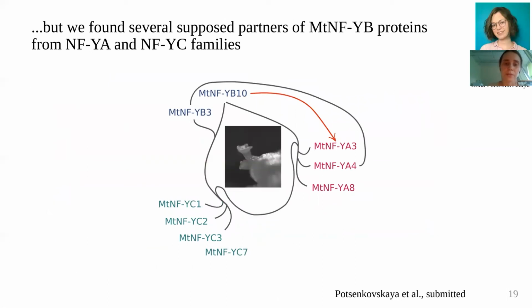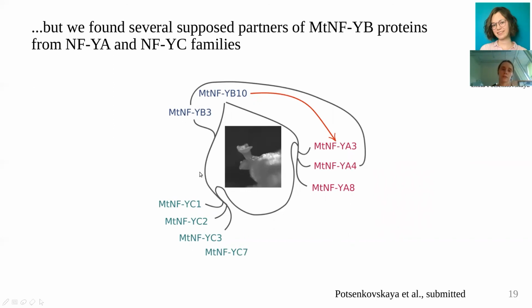But we also checked the interactions between NFYB10 and B3 and other members of the NFY groups. These are NFYA and NFYC proteins, and these three groups of proteins are known to form a heterotrimer consisting of NFYB, NFYA, and NFYC.